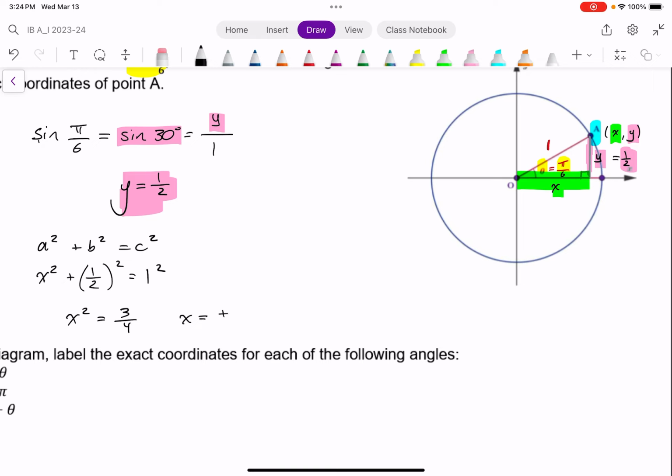So while I really should say plus or minus root 3 over 2, because the square root of 3 is root 3, the square root of 4 is 2, while I should be aware that there's two possibilities to that equation, in this case, I only want the positive version. So I only want this. And there's my x coordinate. And so altogether, the exact coordinates of A are root 3 over 2 and a half.